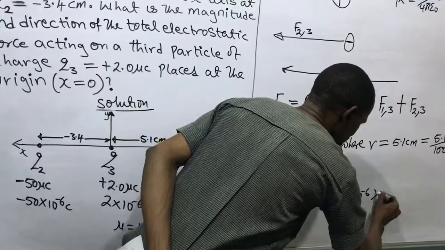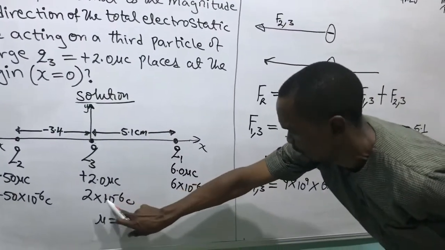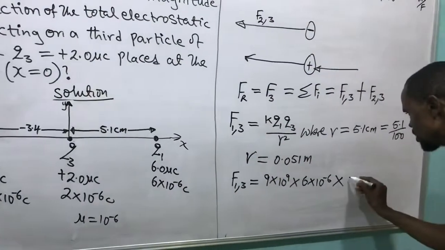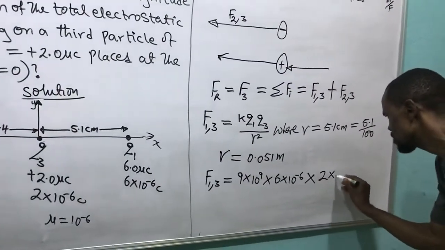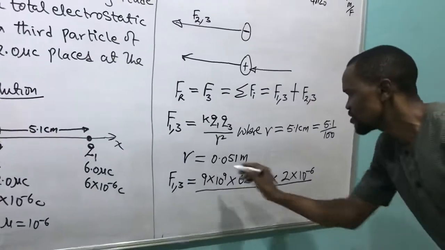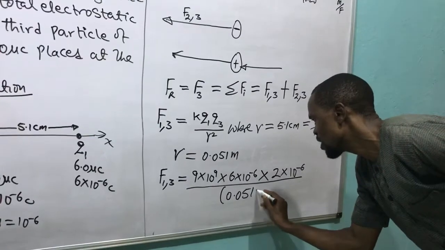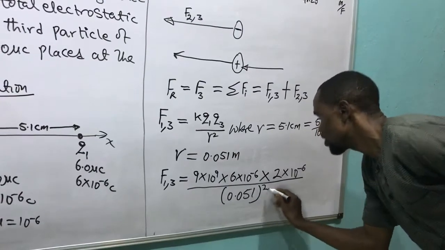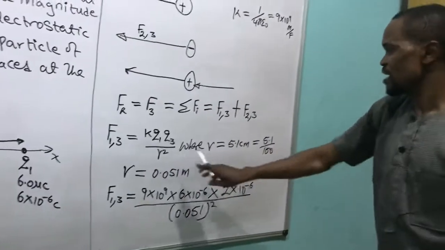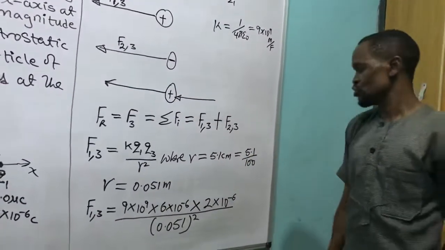Then Q3 is 2 times 10 raised to power minus 6, all over the distance of separation, which is 0.051, squared. Remember, according to our formula, the distance of separation is squared. We substitute it here.